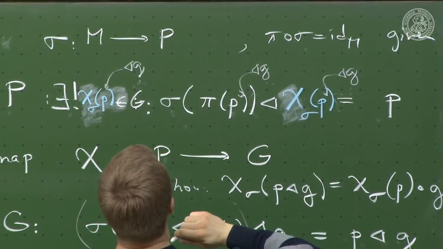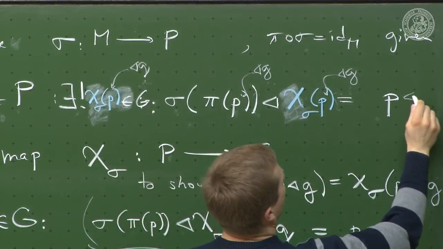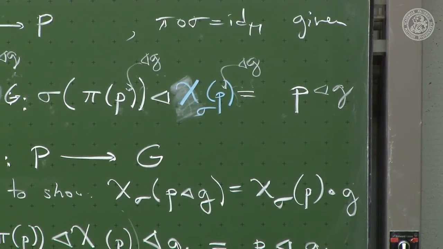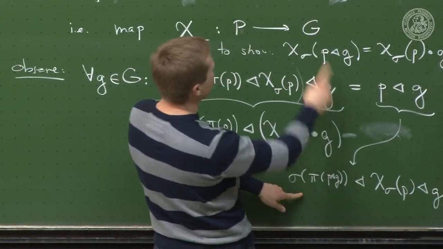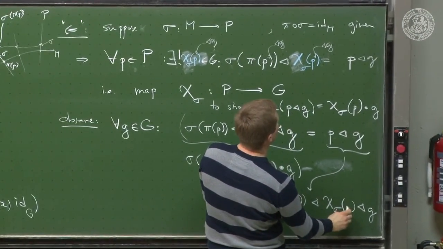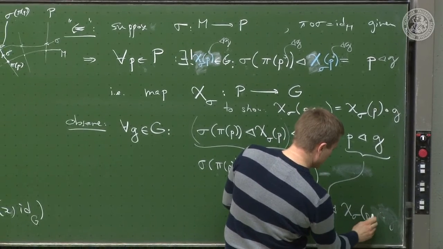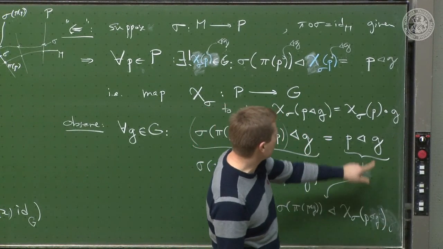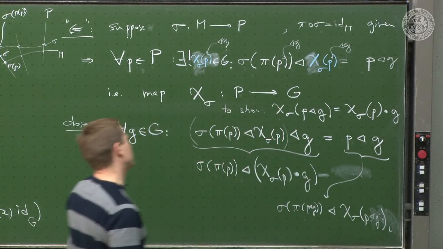Yeah, on the right side. And that is what I want here. So I get exactly this, and then I get the P and the action of the G on it. And that is, of course, this guy.